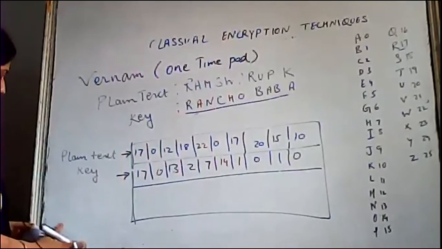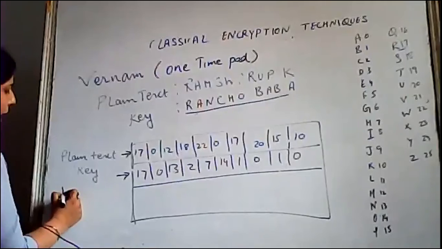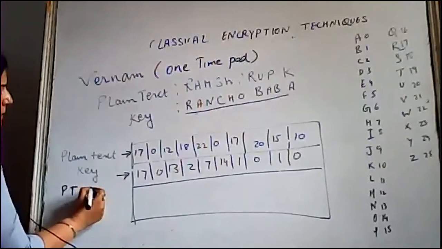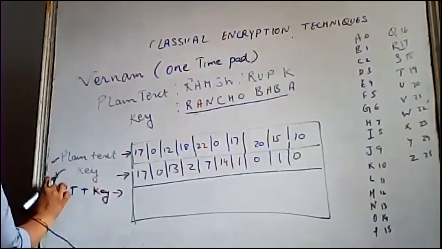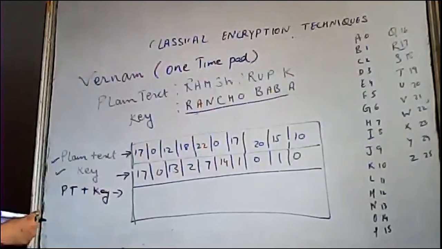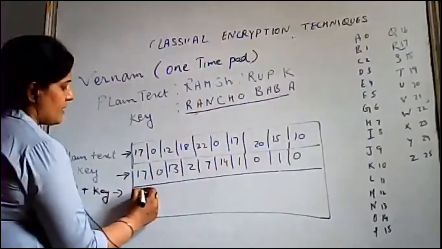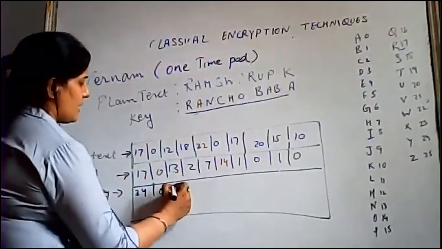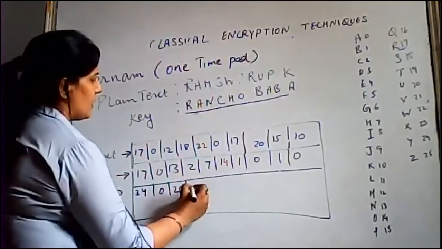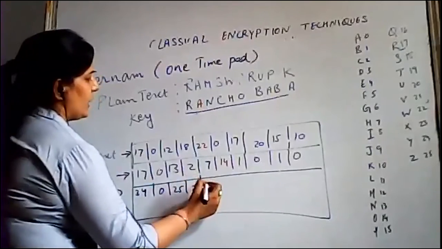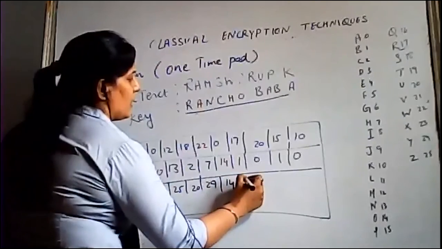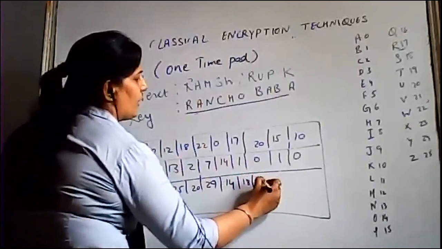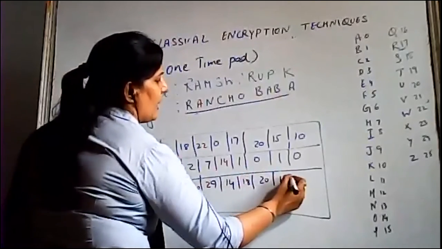Now the next step is that we will add plain text plus key. We are going to add these numbers: 17 plus 17 is 34, 0, 25, 20, 29, 14, 18, 20, 15 and 10.